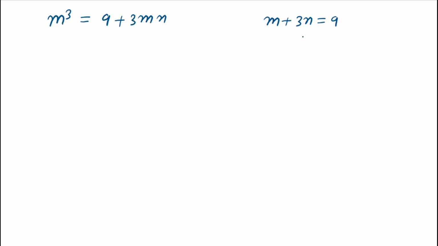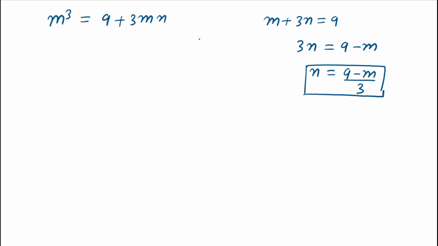Look carefully, 3n equals 9 minus m. Now divide both sides by 3, then the value of n equals (9 minus m) divided by 3. And this value of n we put in equation third.